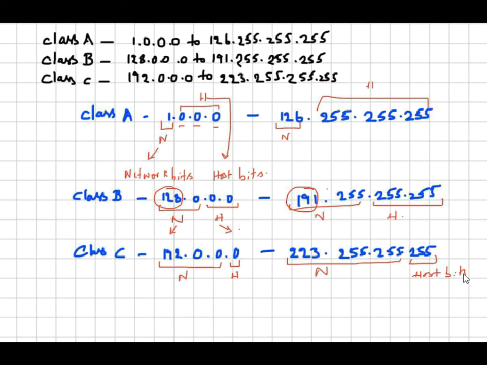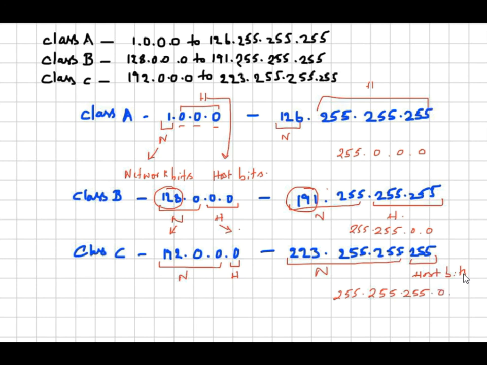So in class A, the default subnet mask is 255.0.0.0. In class B, the default subnet mask is 255.255.0.0, and in class C, the default subnet mask is 255.255.255.0.